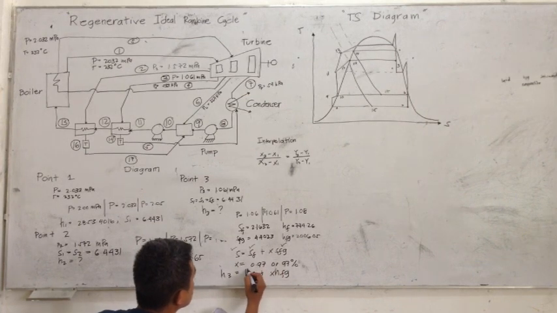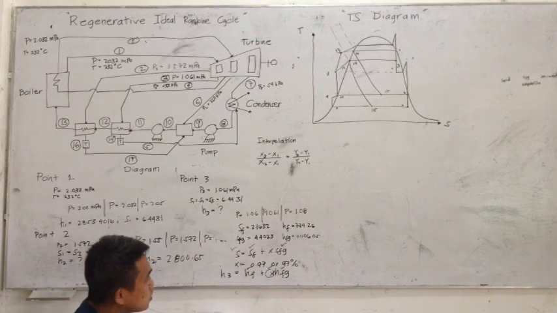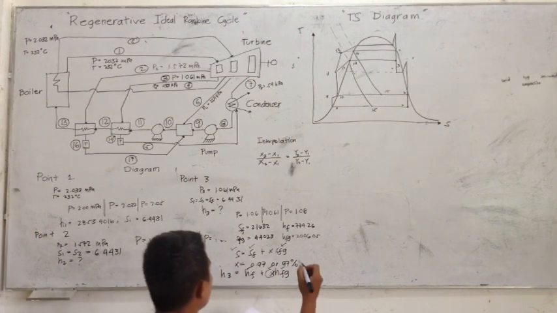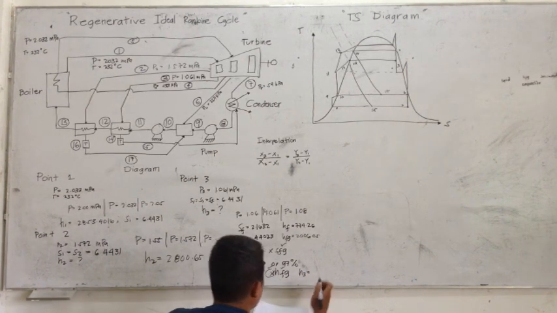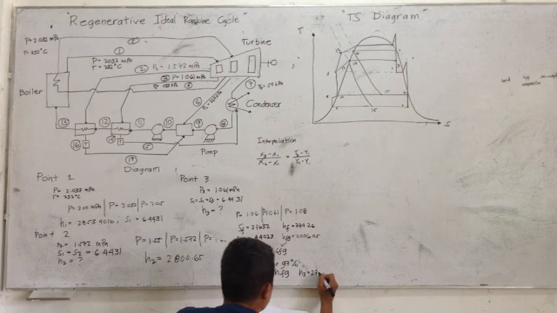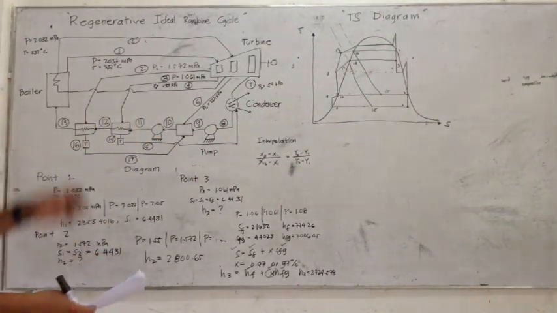HF we already have, the quality of X we have, and HFG. Directly substituting this in our formula, we have H3 equal to 2724.578. So we are finished at point 3.